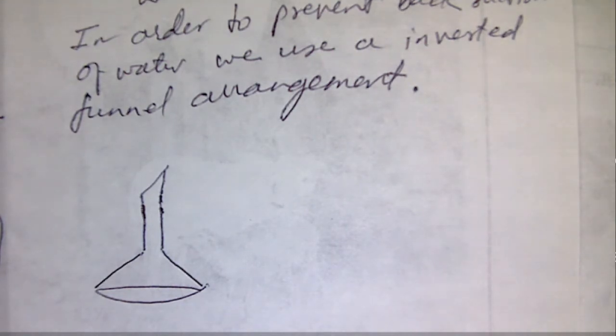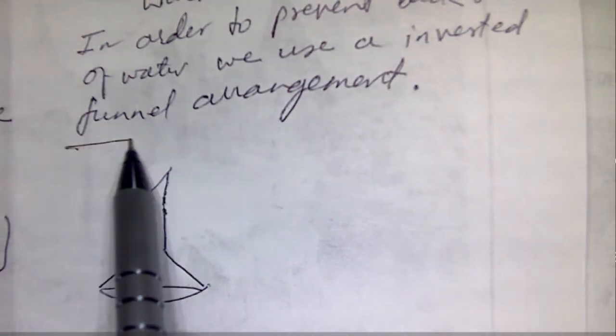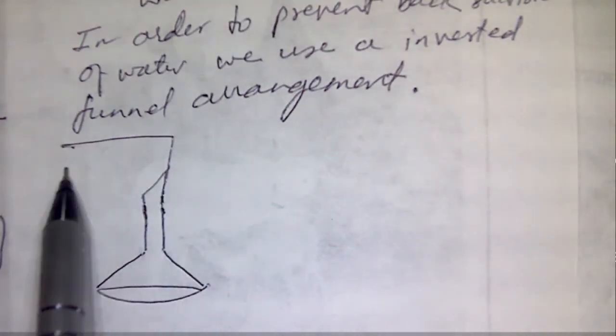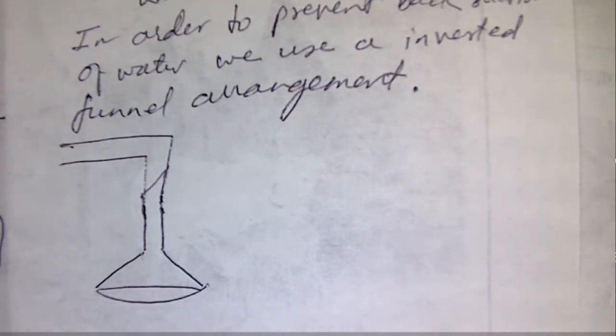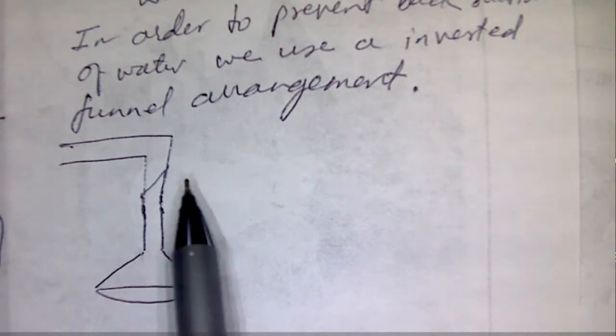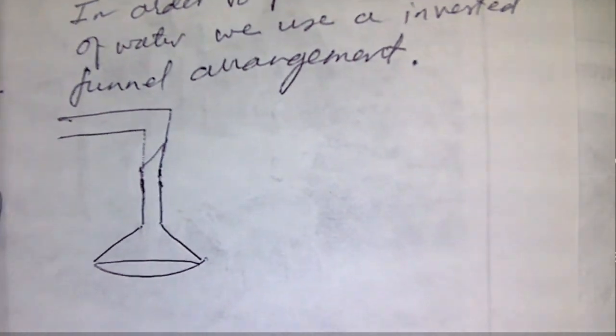Now the delivery tube which was coming, we will connect it to this inverted funnel. We can use a rubber pipe and other things to connect this with the tube. That means at the end of the tube we have used an inverted funnel.